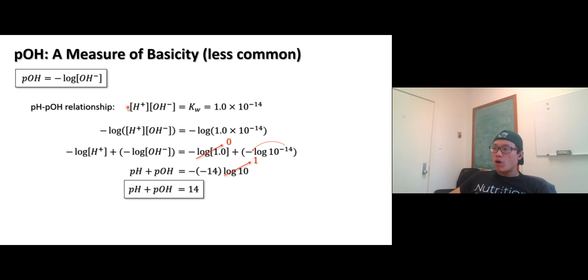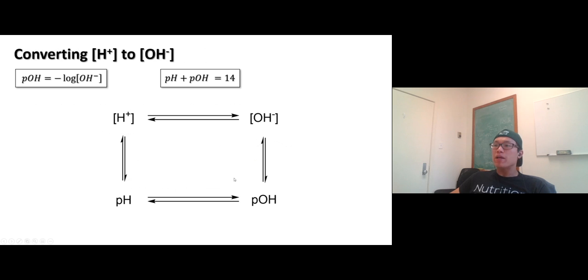Or the concentration of proton times the concentration of hydroxide ion is 10 to the negative 14. Take negative log on both sides. The pH plus pOH is 14 right there. Negative log is just equal to the exponent, if you remember that. So basically, pH plus pOH is 14. And we have this complete relationship between concentration of proton, concentration of hydroxide ion, pH and pOH. If you want to convert between concentration of proton and concentration of hydroxide ion, we use Kw, this relationship.